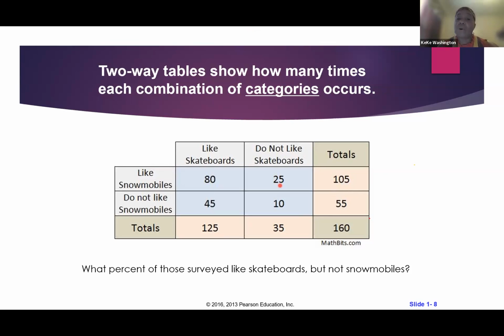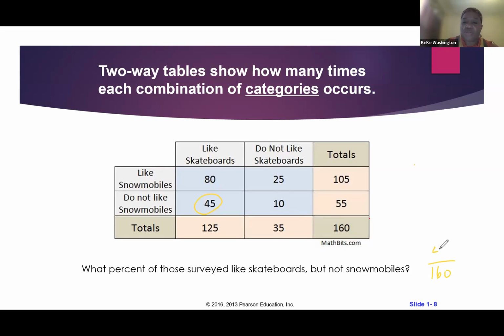Now, what percent of those surveyed like skateboards but not snowmobiles? Being that this is the percent of those surveyed, this is out of everyone we're interested in studying. There are 160 people here that were a part of this study. So out of the 160, we have to consider they like skateboards, but they did not like snowmobiles. There's 45 of them.